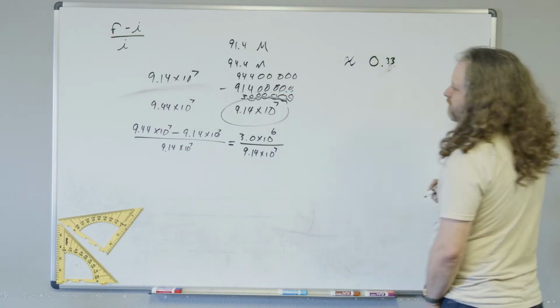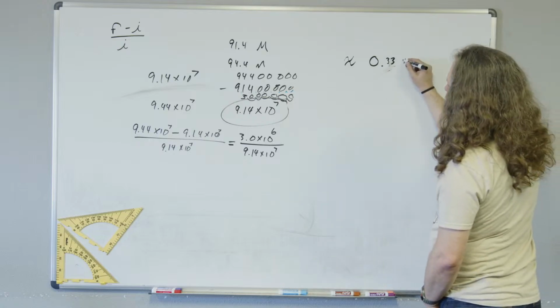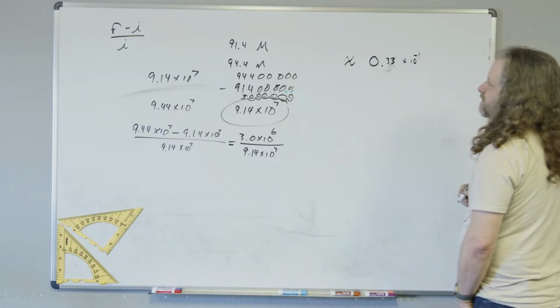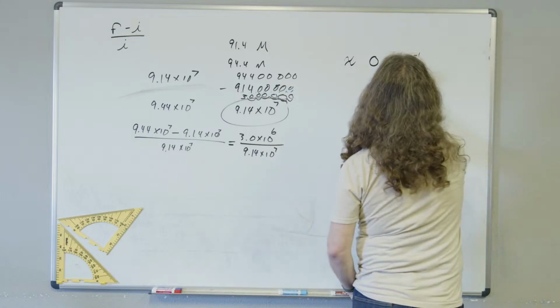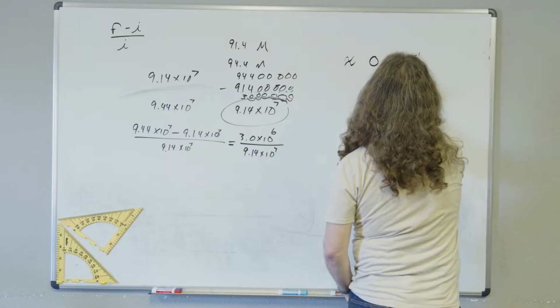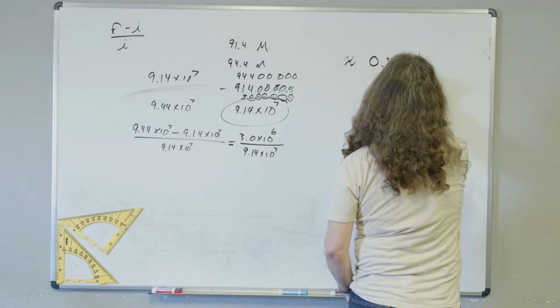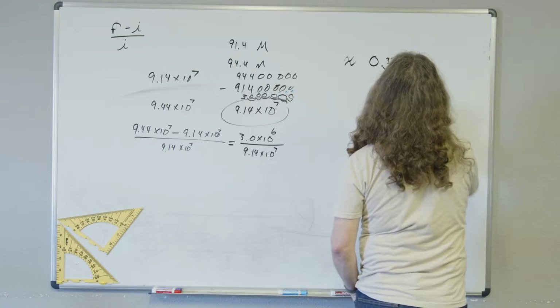Boom. Now what? You move the decimal over. Move the decimal over once. So 3.3 times 10 to the negative 2.